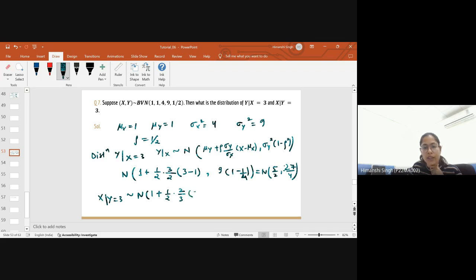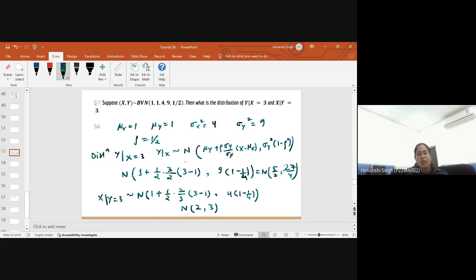So y is 3 here, minus mu y which is 1 here, comma sigma x square which is 4 here, and 1 minus rho square which is 3 by 4. So this again gets cancelled.